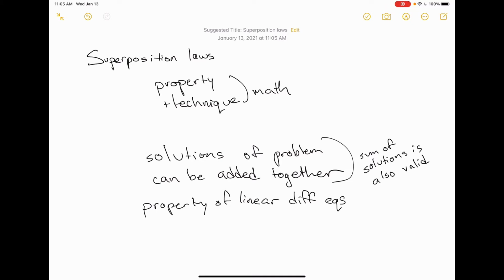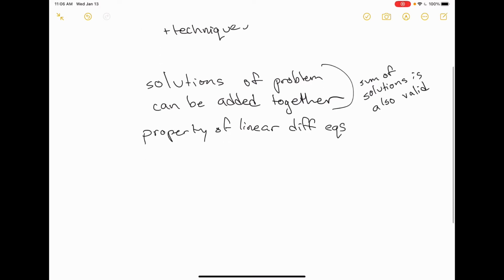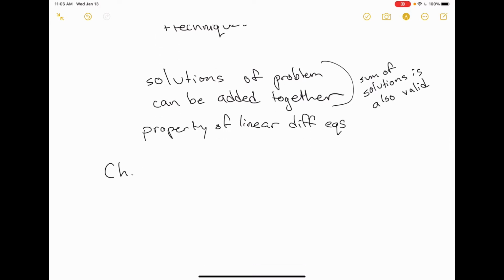It depends on the material that you are existing in, but that's not something that we're going to worry about until a later chapter. So chapter 2 of our book is about superposition laws, which are Coulomb's law and the Biot-Savart law.